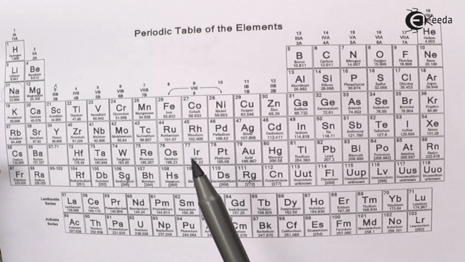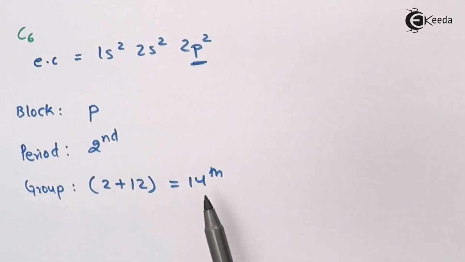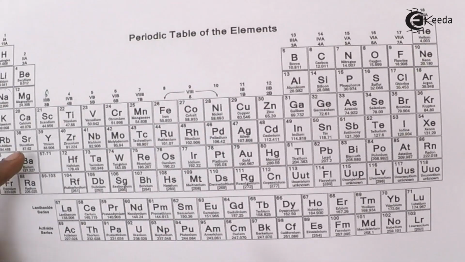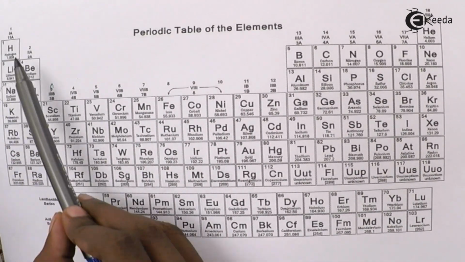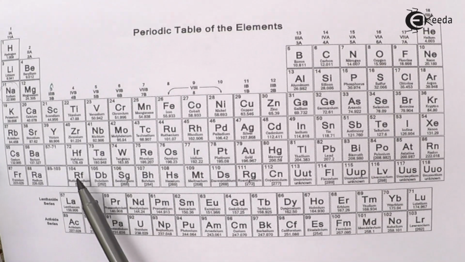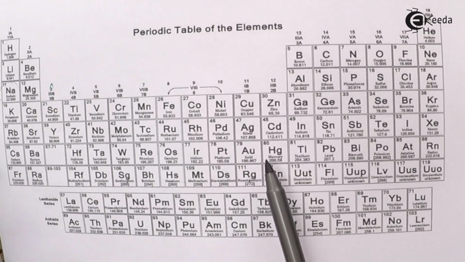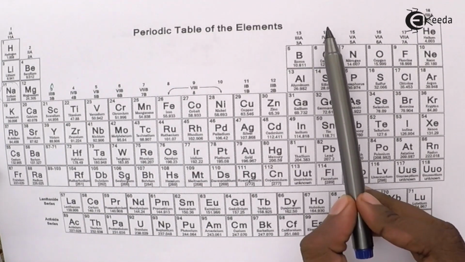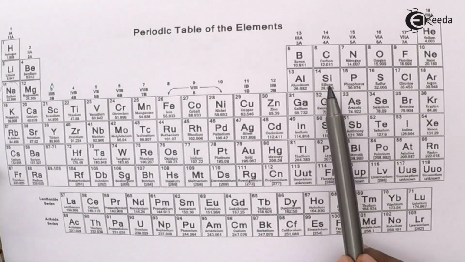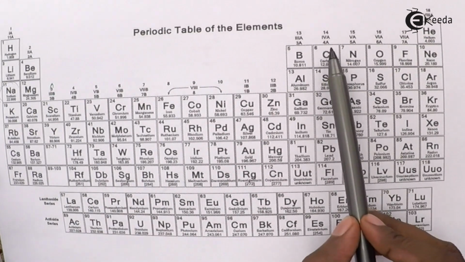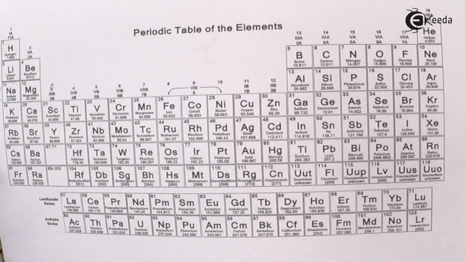And it belongs to the 14th group. So this is the first, second, third, fourth, fifth, sixth, seventh, and moreover, this is the 12th, this is the 13th group, and ultimately this is the 14th group. So in the 14th group and in the second period, we have located carbon.